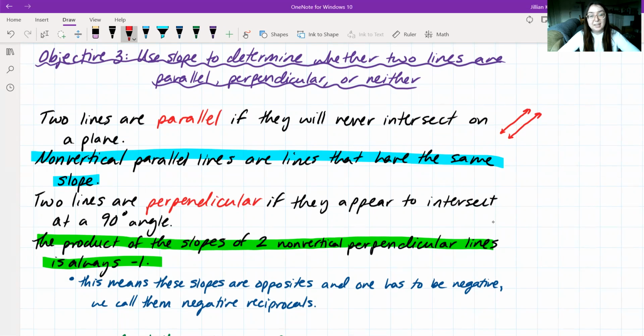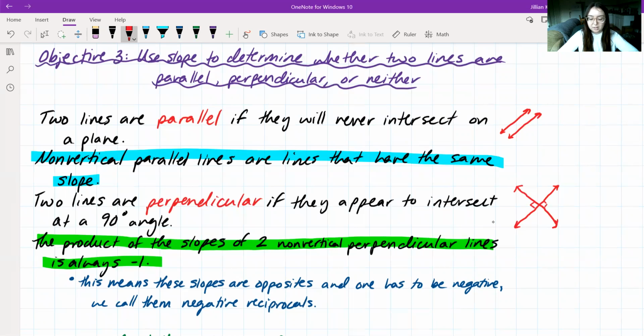Two lines are perpendicular if they appear to intersect at a 90-degree angle. This would look something like this, and we see here we have this 90-degree angle in between.